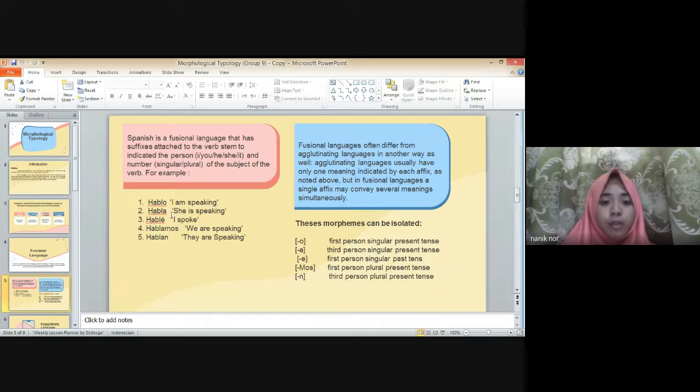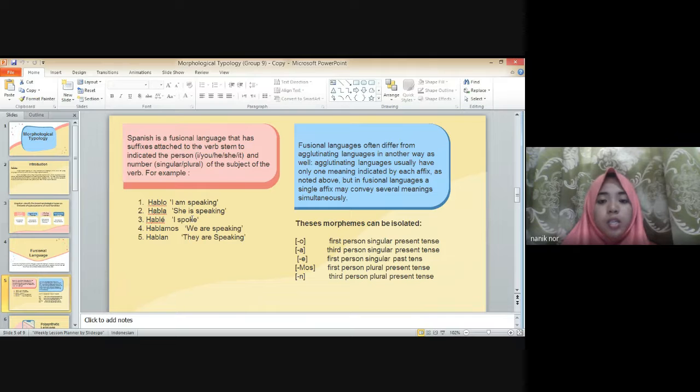So the morphemes are different. When we say I'm speaking, hablo, the o means first person, singular, present tense. And then habla, the a means third person, singular, present tense. The third person is she. Hablé, the é means first person, singular, past tense, I spoke.